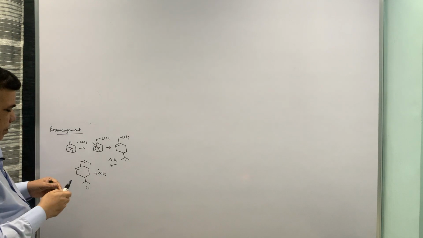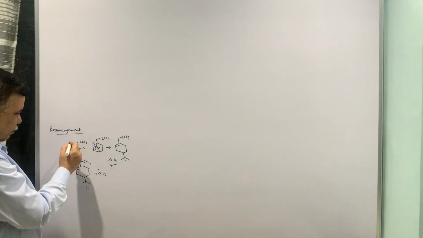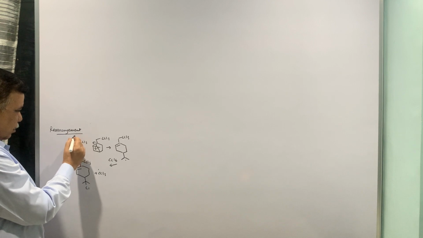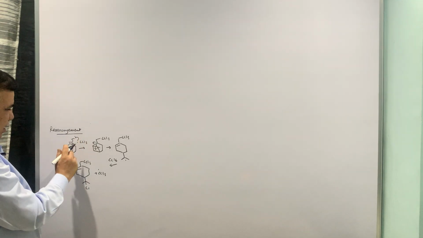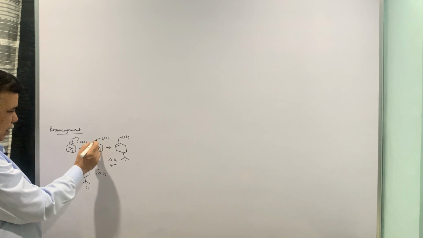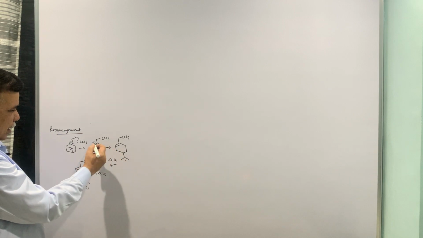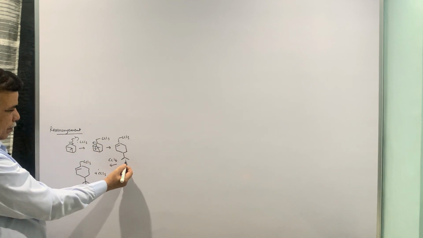Now here these two radicals combine and there will be a radical here. Now this bond breaks homolytically and you will get a double bond here and a radical here.